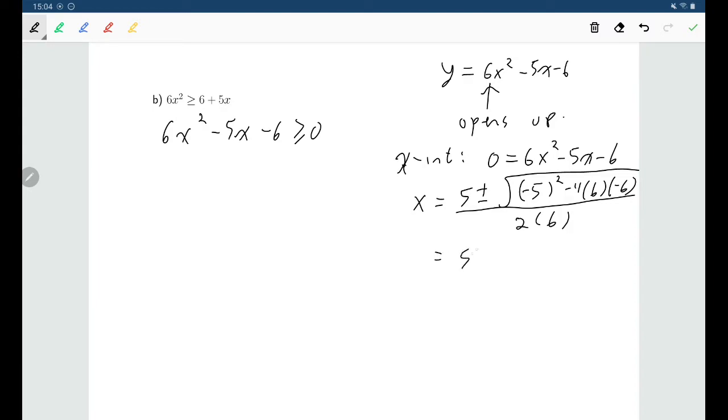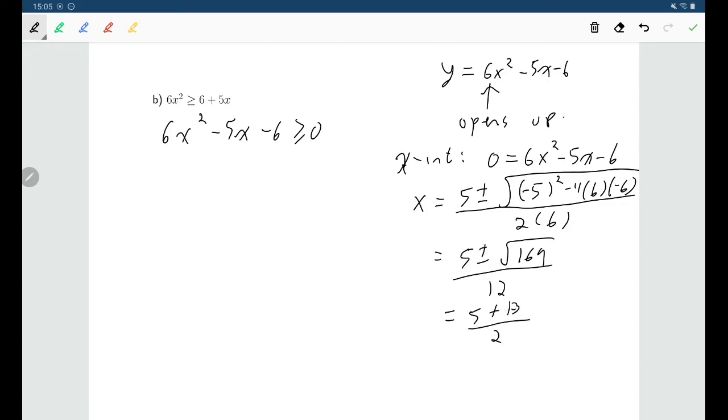And so it's easy enough for us to find those two x-intercepts. Inside my square root, I'd have -5 squared, which is 25. I have -4 times 6 times -6, which is 144. Together that adds up to 169, and the square root of 169 is 13.